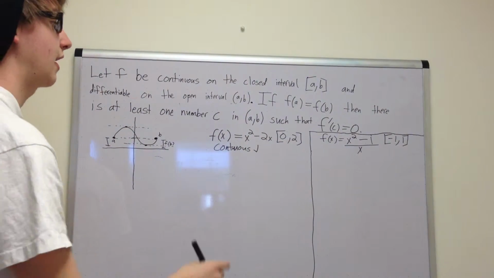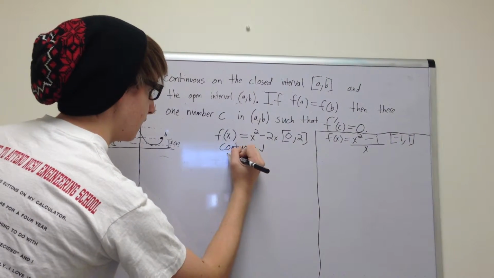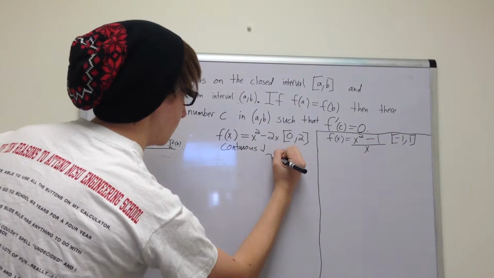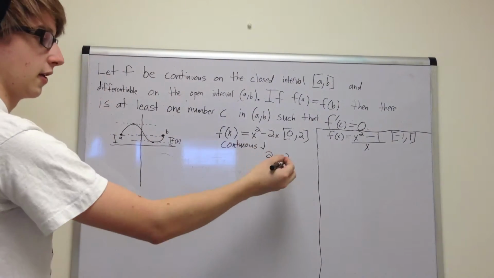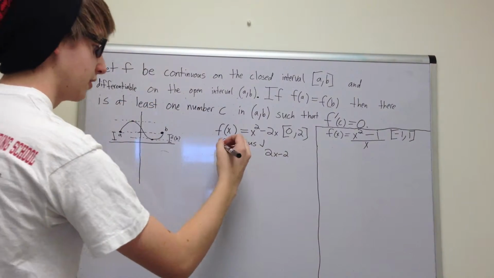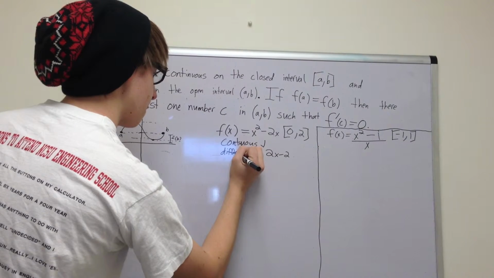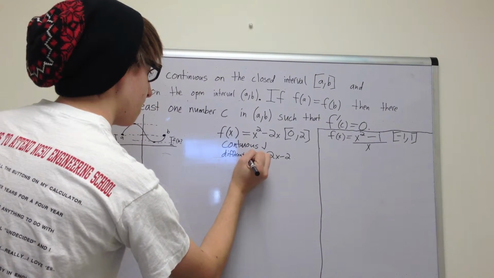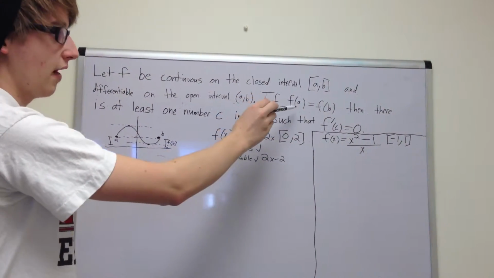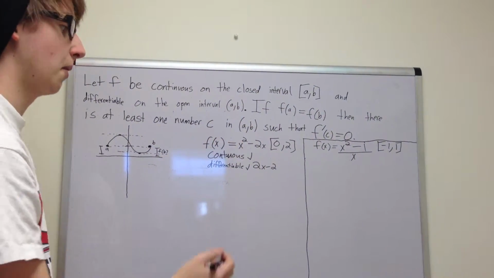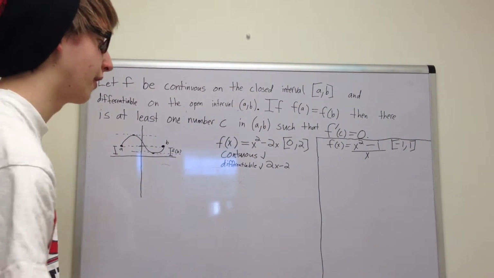Okay, so next we need to check if it's differentiable. So we're going to take the derivative of this. It's going to be 2x minus 2. So that's also a polynomial, so it's also differentiable. Okay, now we have to check to see if f of a is equal to f of b. So what we're going to do is plug in 0 and 2 and see if we get the same outcome.